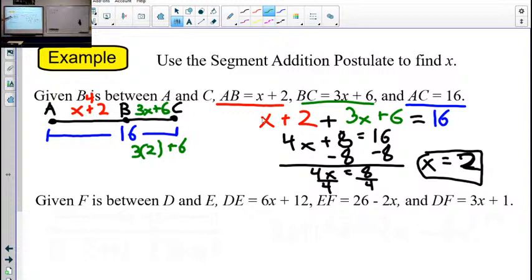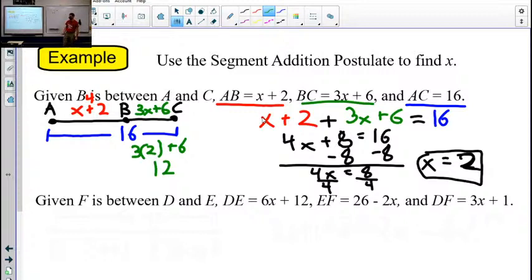Here we go. 3 times 2 is 6, and 6 is 12. We did it. Fantastic. Because 4 and 12, the pieces add to be a total of 16. Again, keep in mind, this tells me that B should be somewhere inside the whole thing. That's what you want to be careful of.